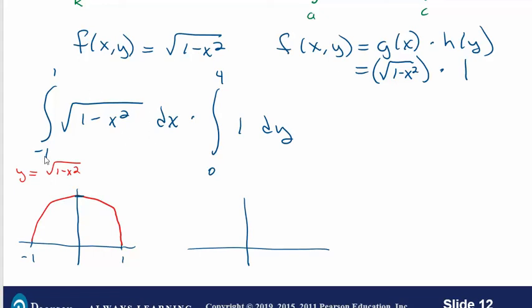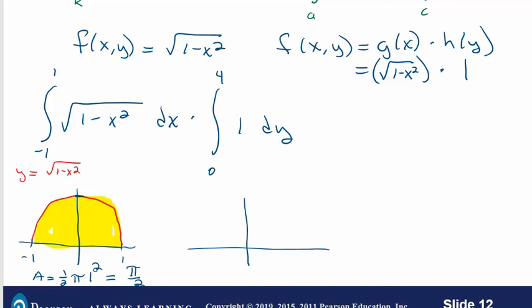I want to find the area between the x-axis and this curve. Well, it's just half a circle now, right? So the area of this circle would be pi r squared, which is just pi times 1 squared. We're going to do half of that, so this integral comes out to be pi over 2.